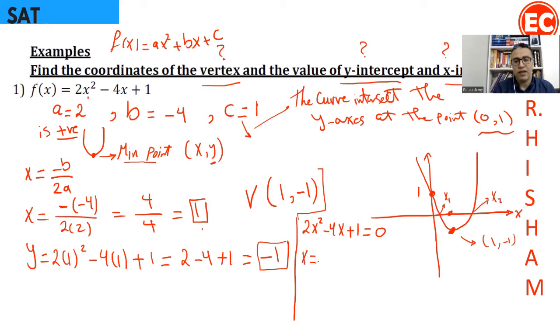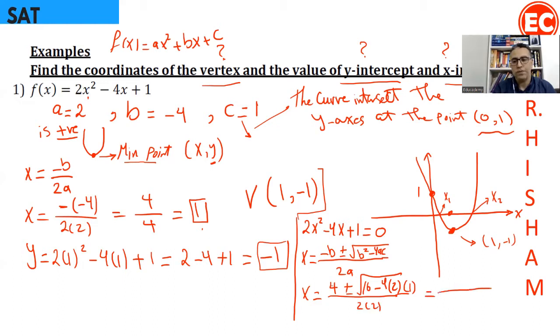The quadratic formula is x equals negative b plus or minus root of b squared minus 4ac, divided by 2a. So x is equal to negative b, which is positive 4, plus or minus the root of negative 4 squared, 16, minus 4 by 2, which is a, by c, which is 1, divided by 2 by 2.